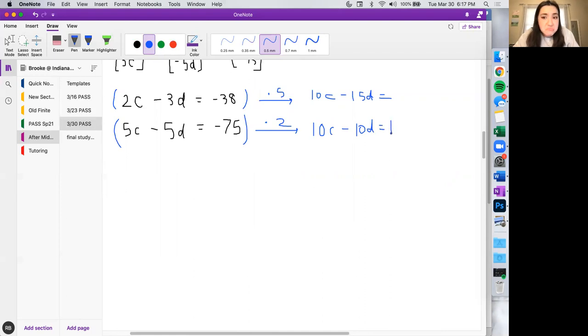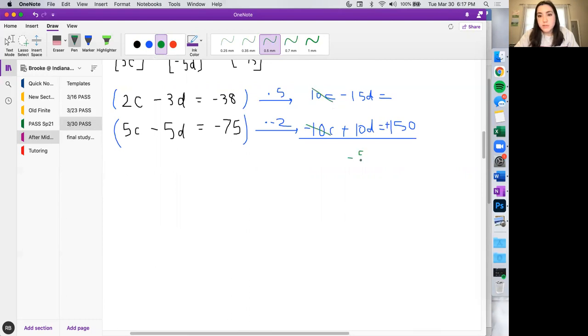Maybe. And then to add them together, I need one of these to be negative. So I'll just make one of them negative. And now I can take my two equations, add them together, and they'll cancel these C's out.